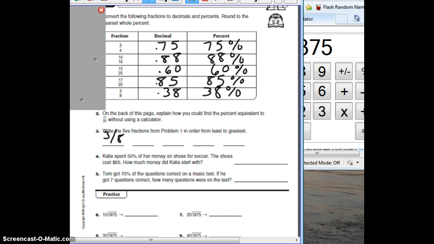Yep. And then our next percentage as we go up, 60% is our next, and that was 15 over 25. Our next percent looks like 75, that was 3/4. Our next greatest percent would be 85%, which was 17 over 20. And our largest then would be 14 over 16.